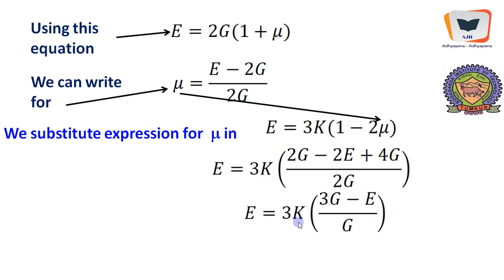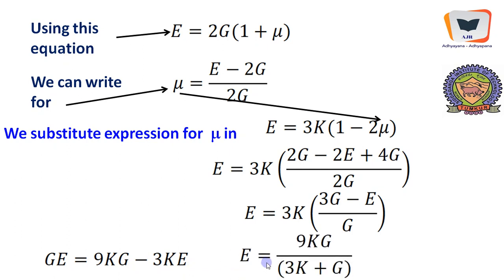So E equal to 3K into (3G minus E) divided by G. Upon further simplification, when we cross multiply, GE equals 9KG minus 3KE. We group the terms containing E, so it becomes GE plus 3KE equal to 9KG.